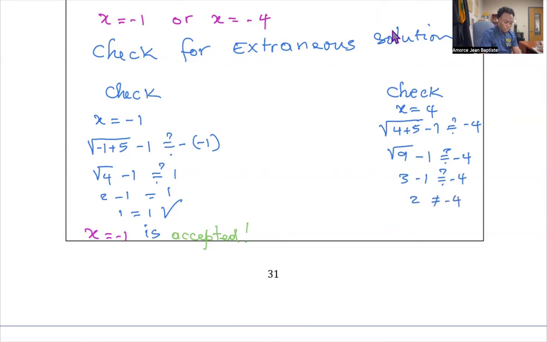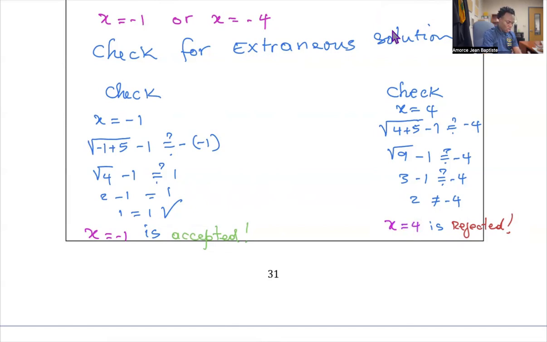So that is not -4. So that means x equals 4 is rejected. And I like to have the rejection in red, and then just color would make the difference.